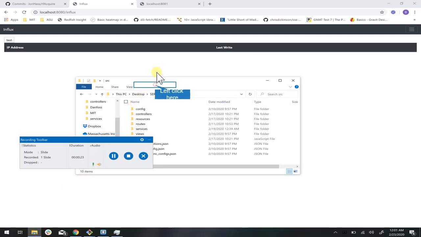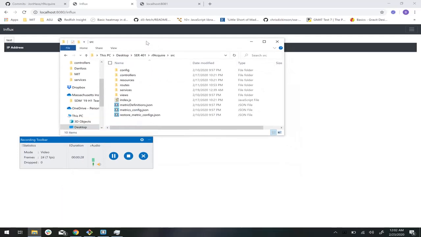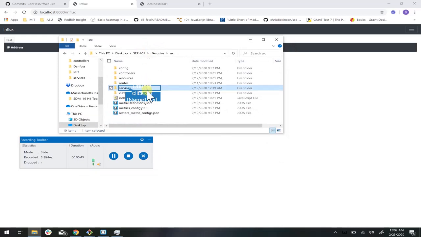So RF Acquire is going to be the system that acquires the information from the databases. So we have re-architected the setup to be a controller service architecture.